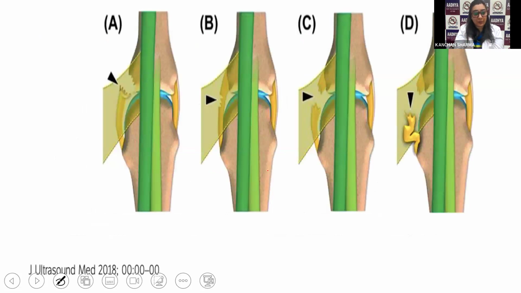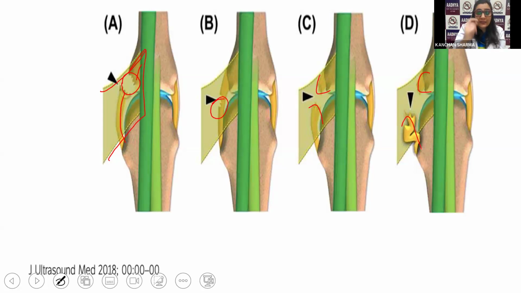Now, this slide is very important: what exactly are the grades of its tear? You can read more in the journal from where I have taken this picture. This is your adductor pollicis aponeurosis, and beneath that is your ligament. You can have a ligament tear near its insertion, an intrasubstance tear, or a full thickness tear.